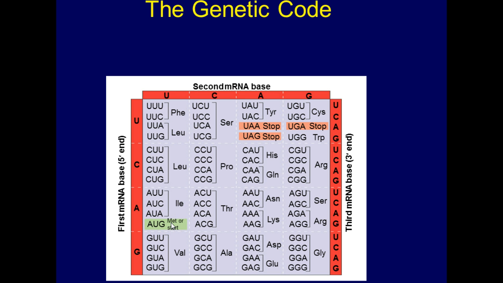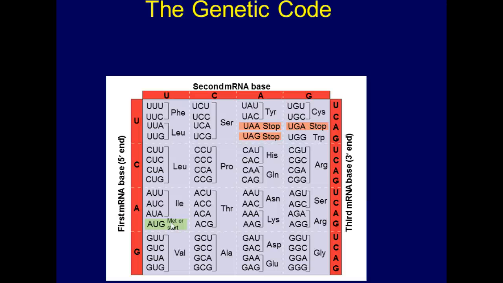Now, the stop signals are found at the very end of each gene and mark the end of the protein. And again, you see them here in the diagram. So a codon in messenger RNA is either translated into an amino acid or serves as a translational start-stop signal. Also write that in your notes.